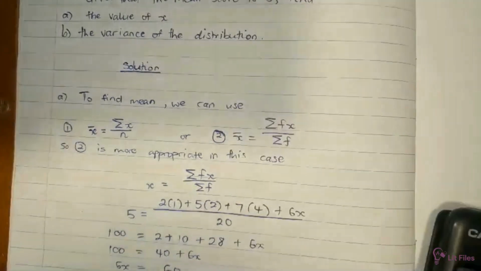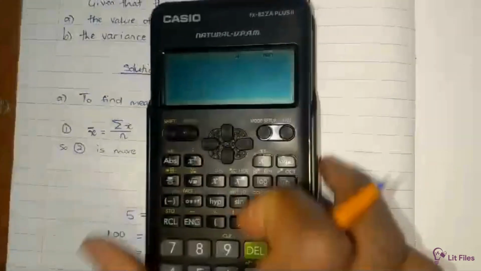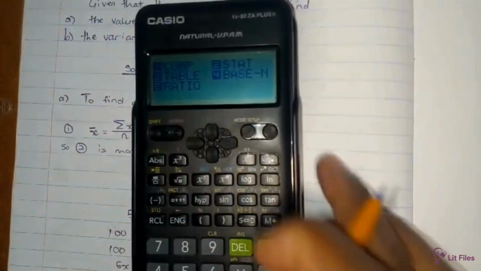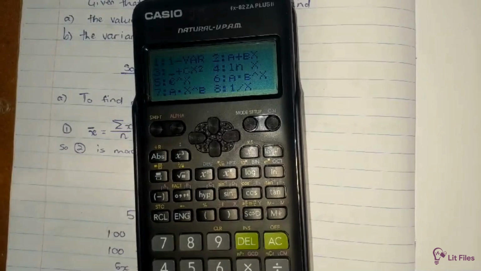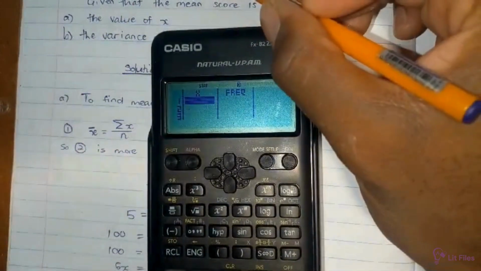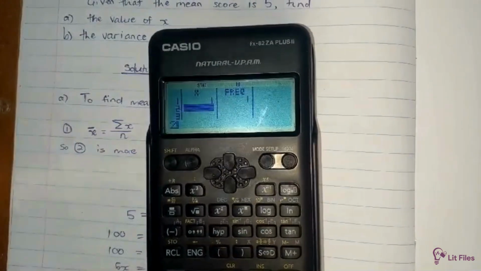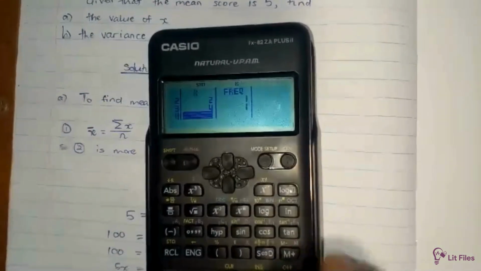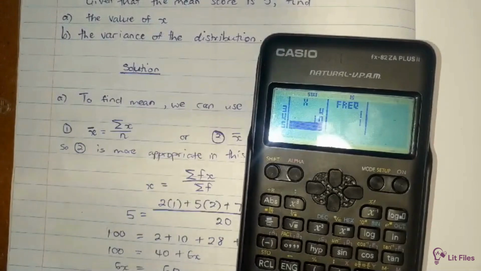By the way, I'll demonstrate how we use the calculator to enter these values. We go to mode. If you are using this version of Casio, it's recommended in the statistics course. We are talking about one variable here. Our values of x are 1, 2, 4, and 10, since now we found the 10.